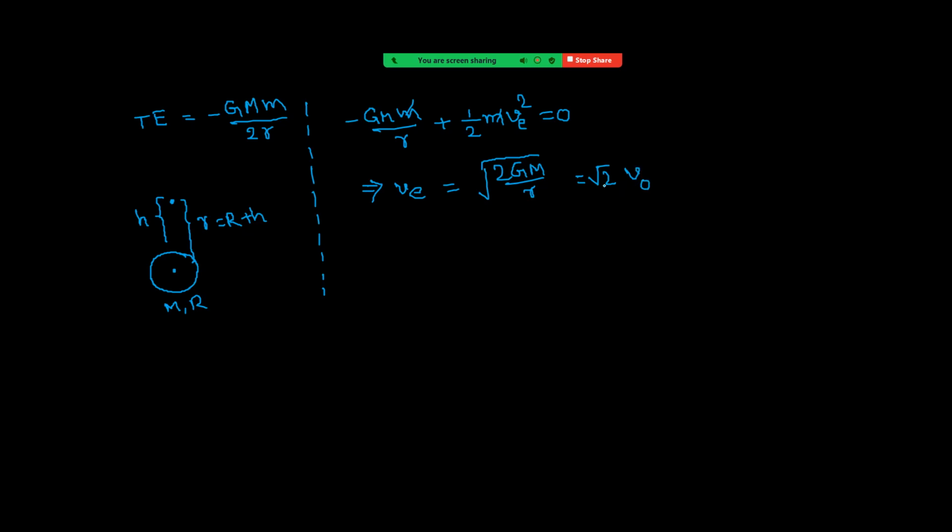Yes, we got orbital speed is root of GM by r, and this is now root 2 times that value. So when total energy becomes zero, it is escaping from the attractive force of this planet, and the path followed will be parabolic. If total energy is greater than zero, then it follows a hyperbolic path while escaping from its gravitational field.